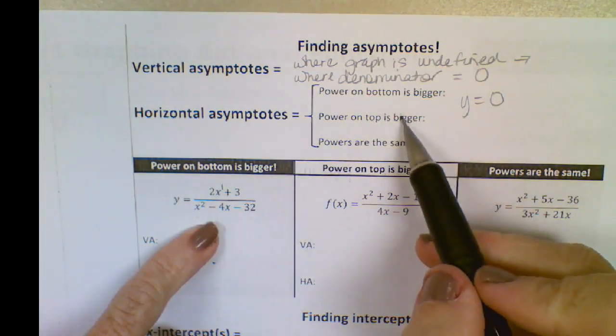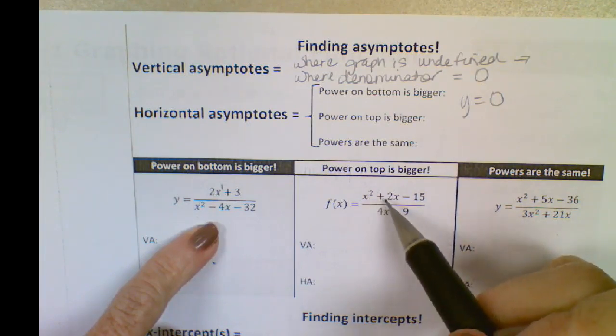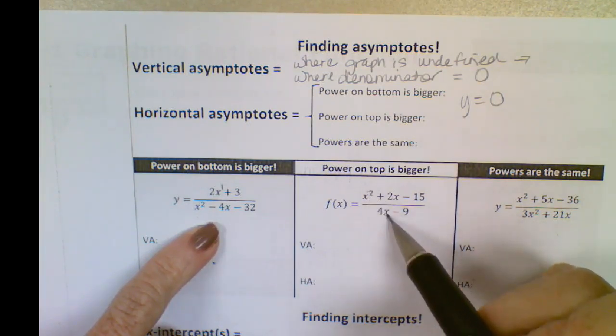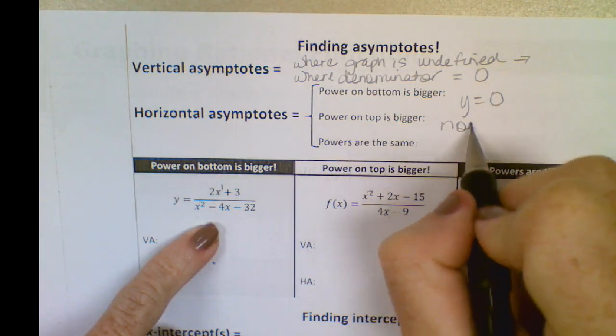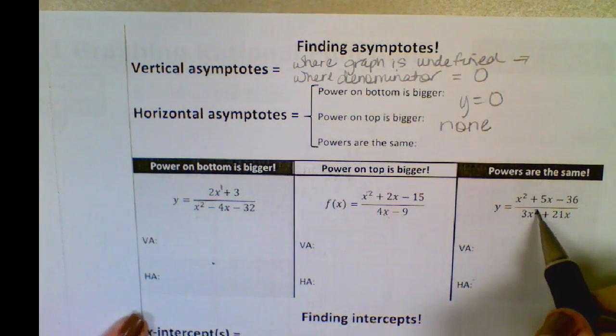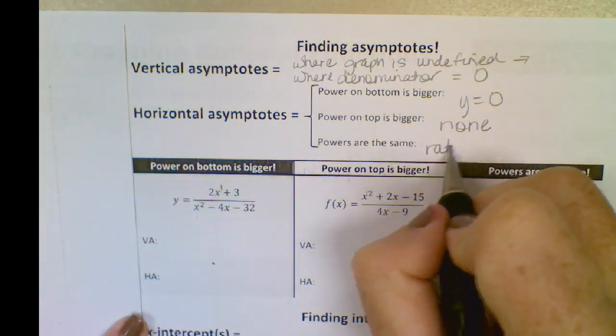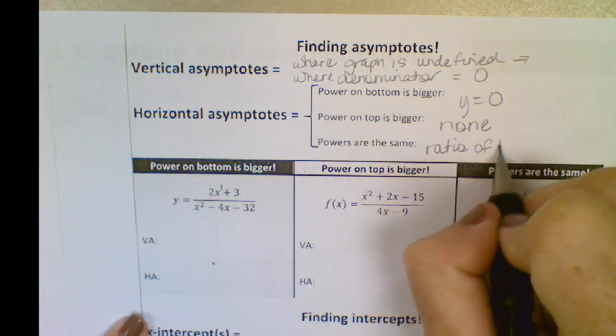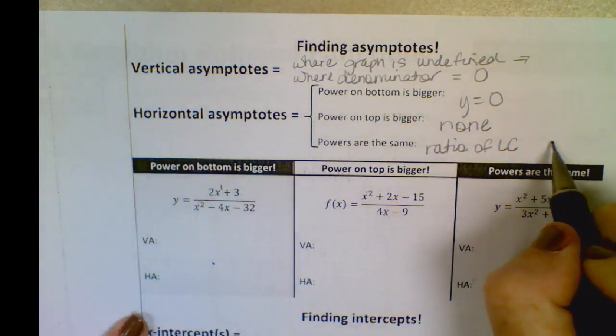If the degree on top is bigger, the leading degree is bigger, then there is no horizontal asymptote. If the powers are the same, it is the ratio of the leading coefficients of the numerator to the denominator.